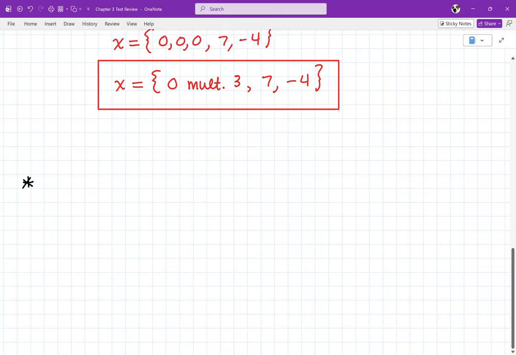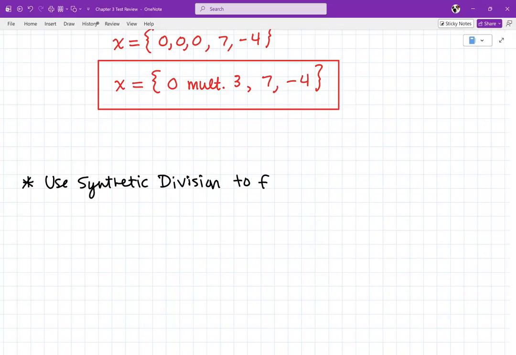I'm hoping that's an easy thing for you guys. Use synthetic division to find f of 2.